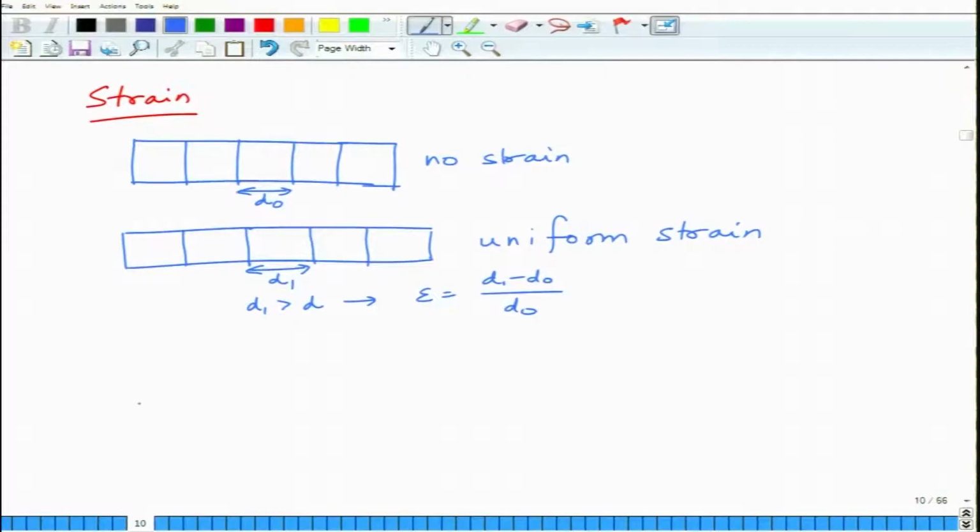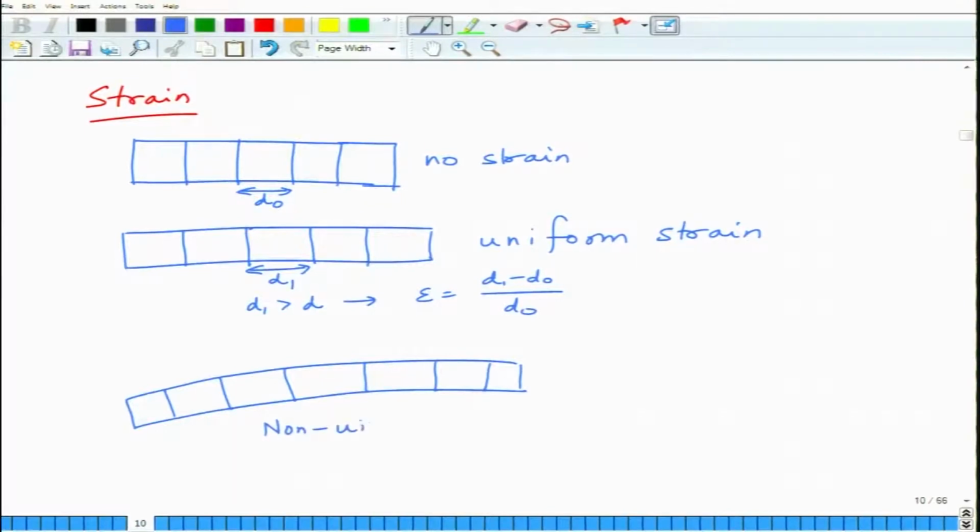And then you have non-uniform strain. For example, it can be a bent crystal like this, okay, where you can have smaller spacing here, let us say it varies like this. So this is a case of non-uniform strain.